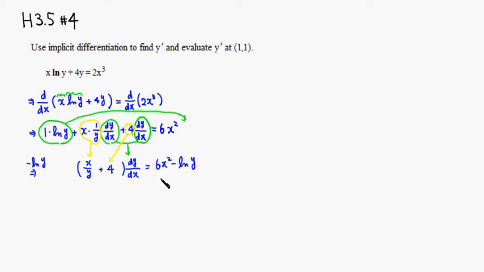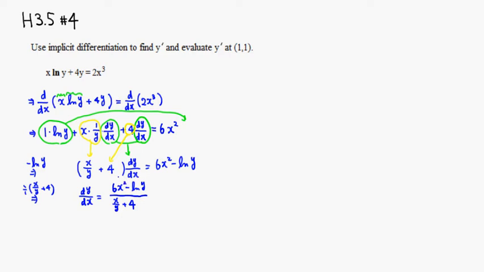Then all you have to do is divide both sides by the quantity x over y plus 4. So dy over dx is now isolated: 6x squared minus natural log of y, divided by x over y plus 4.